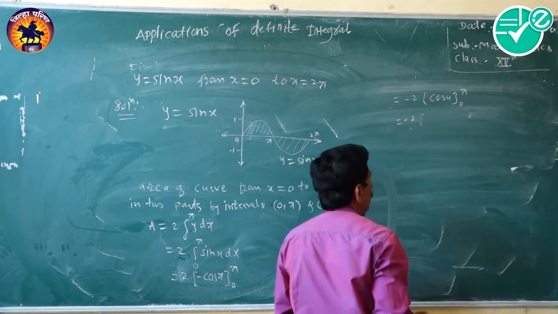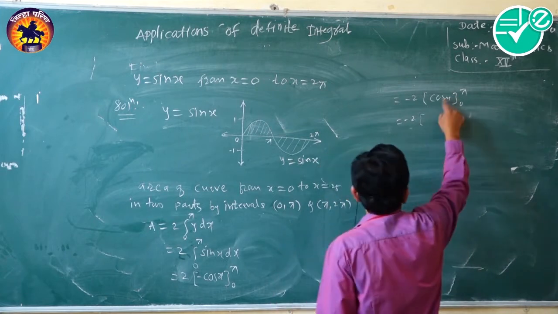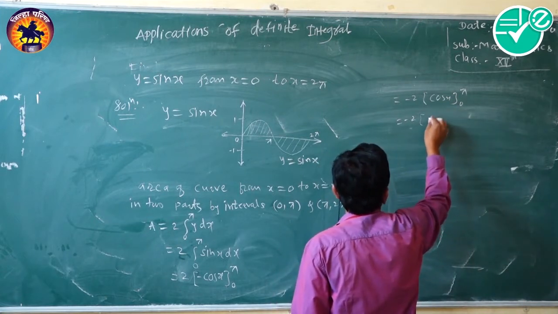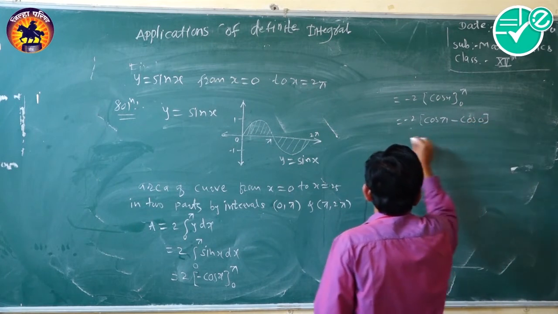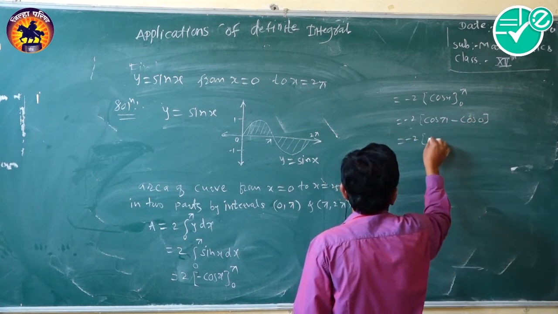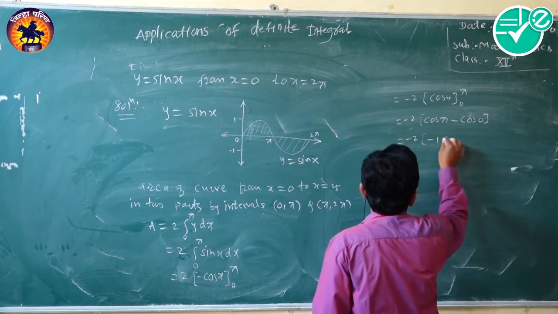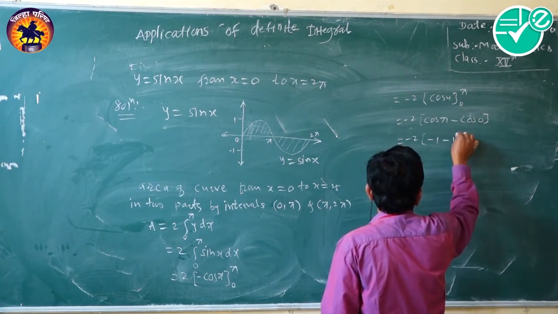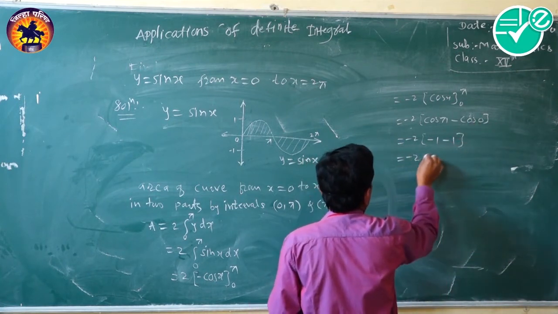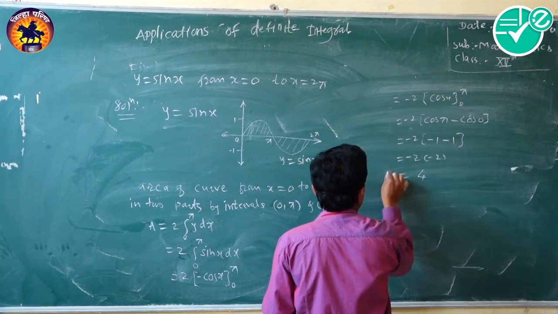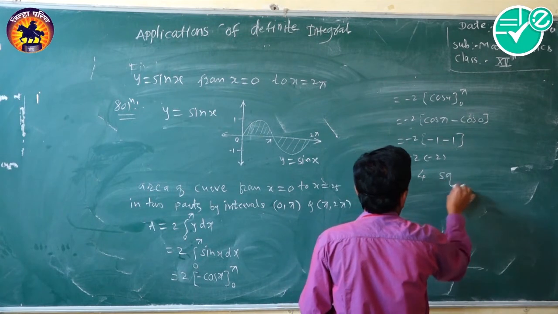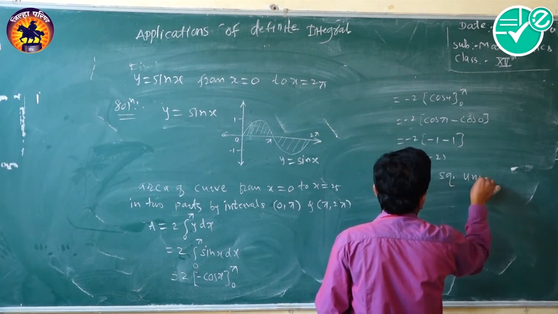Substituting the upper limit, x is equal to pi, that is cos pi minus cos 0. This is nothing but minus 2 into (cos of pi is minus 1, minus cos of 0 is 1). Therefore, minus 2 into minus 2 is equal to plus 4, and hence A is equal to 4 square units.